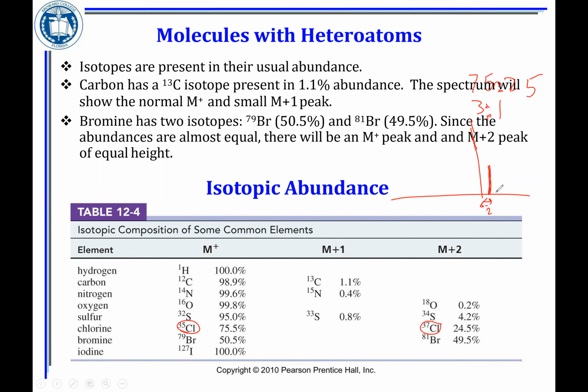These are not coming from 2 different fragments. It's coming from the same fragment, but the first one contains chlorine 35, the second one contains chlorine 37.